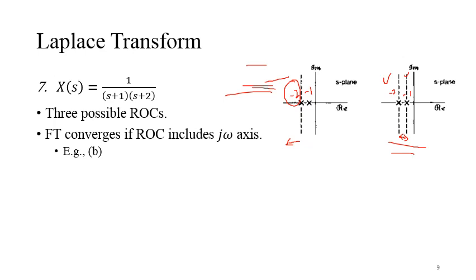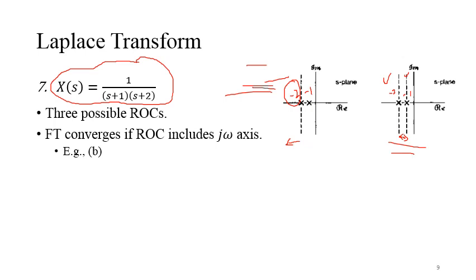Again, based on this expression, we cannot tell what type of signal it is, but if we know the ROC, then we can exactly specify the signal. So we see from the previous slide that although we have this expression, and we also know the poles, that it has two poles at minus 2 and minus 1, in spite of this, we can construct three different signals. Why?